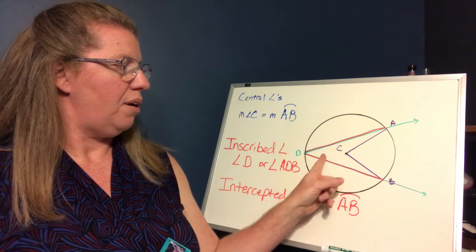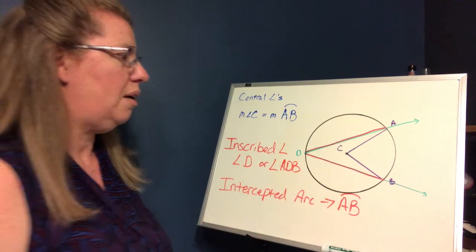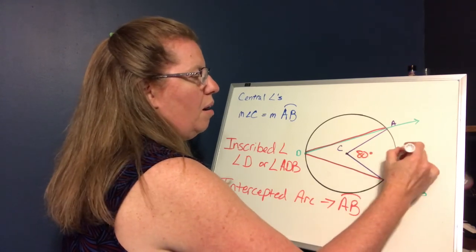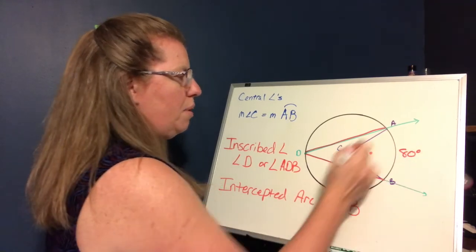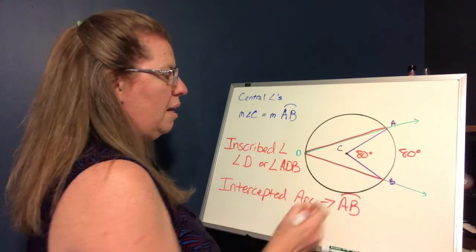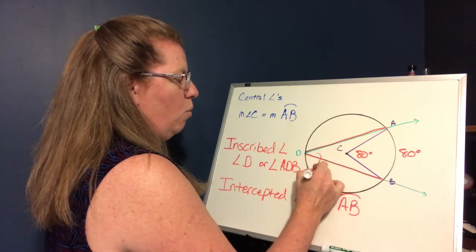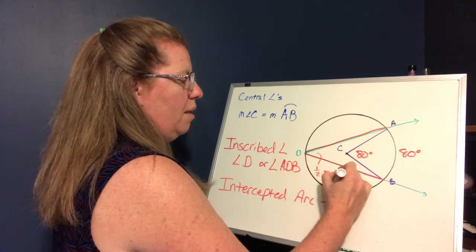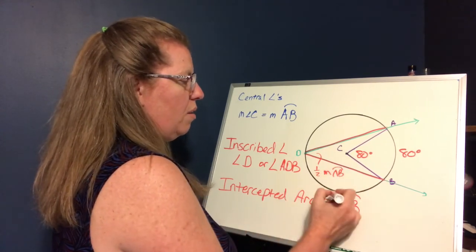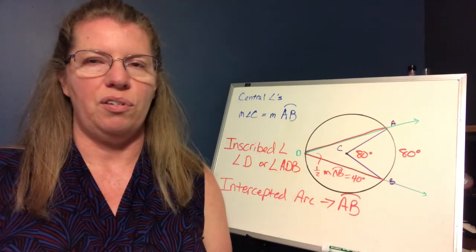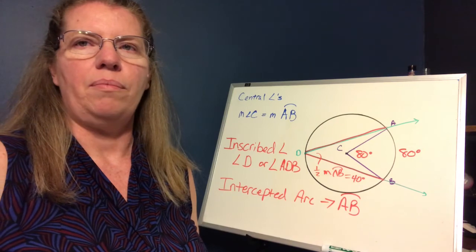And that's going to give us a theorem here. So if this is 80 degrees, my arc is still 80 degrees, but notice that this angle back here is less than that, and it's actually going to be 1/2 of the measure of AB. So this angle is actually 40 degrees. That's going to be our first theorem. Let's take a look at it.